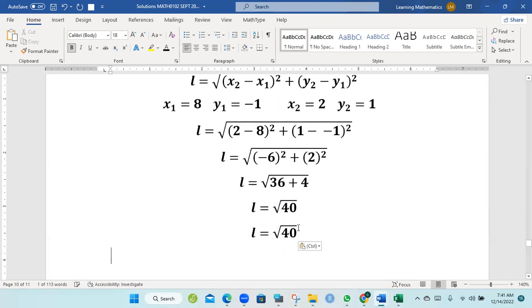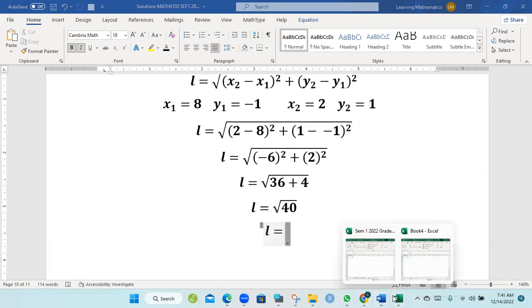We can use our calculator to do that. We can use Excel as a calculator.